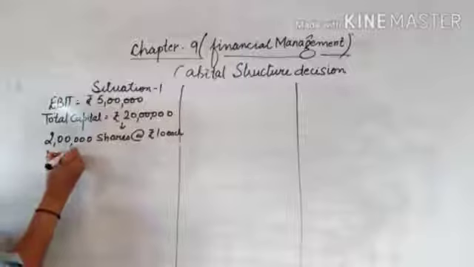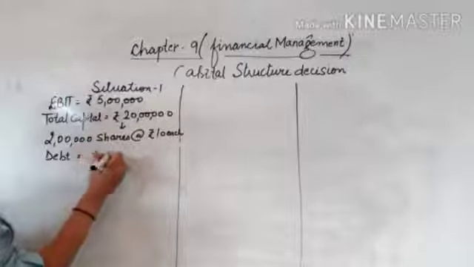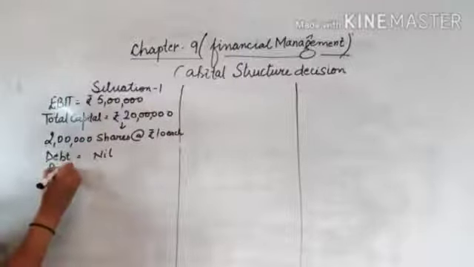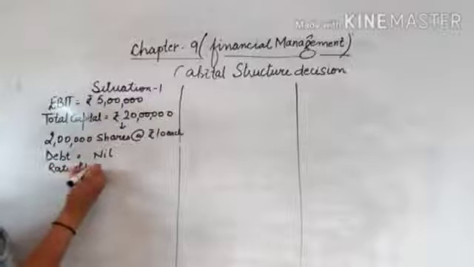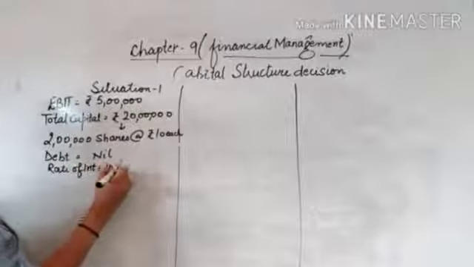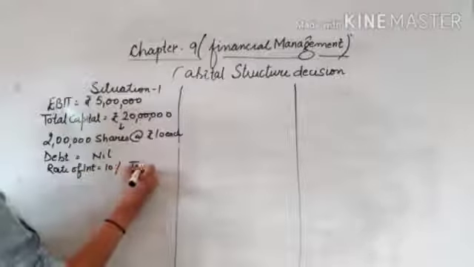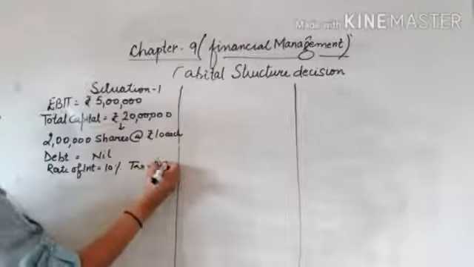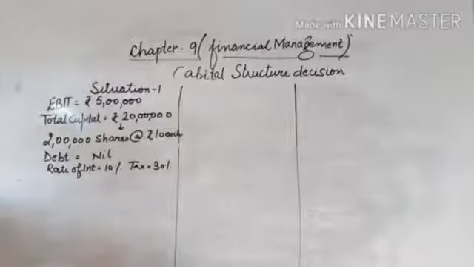Debt nil in the first situation. Rate of interest 10%. Tax 30%.